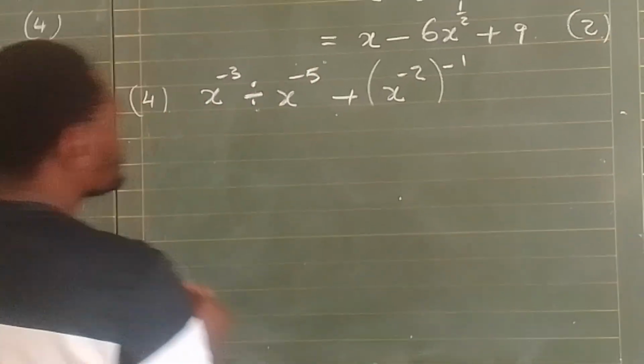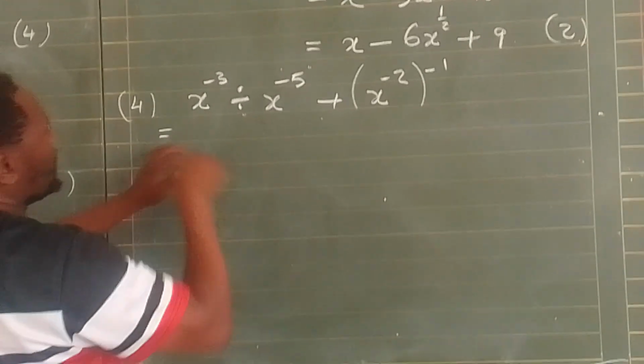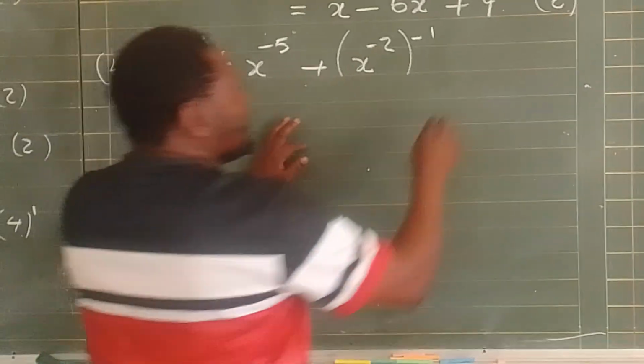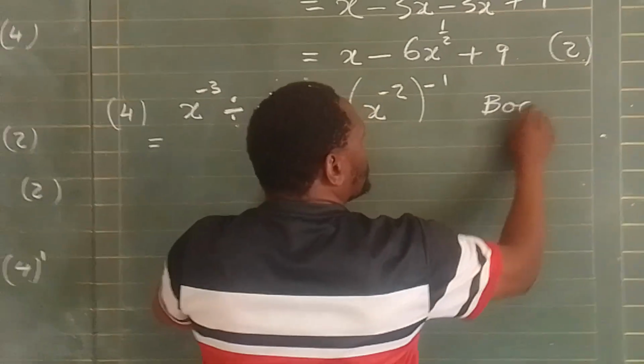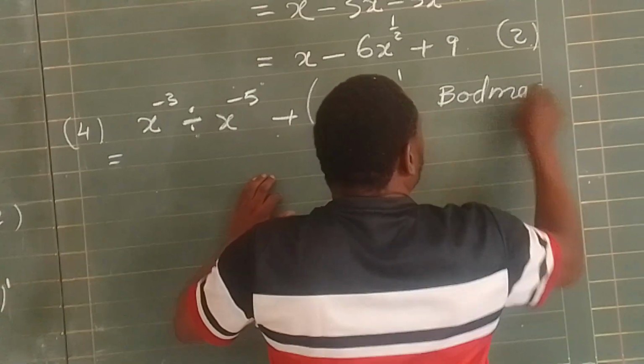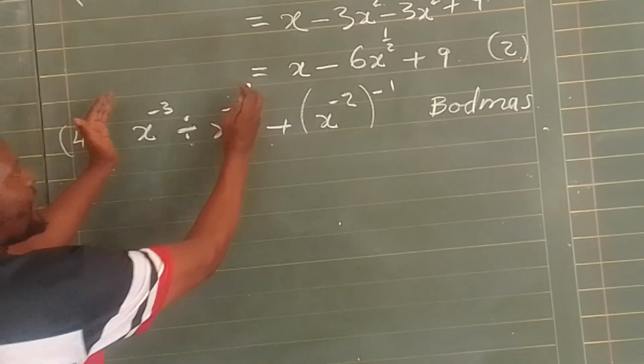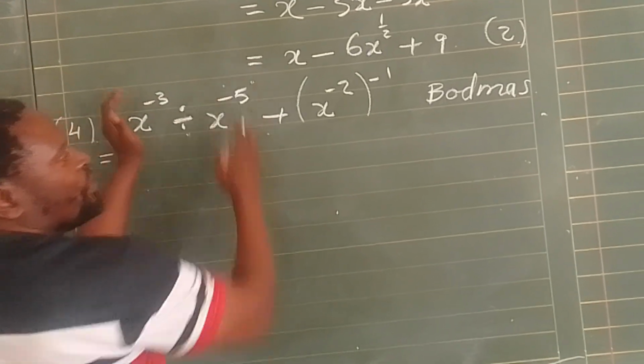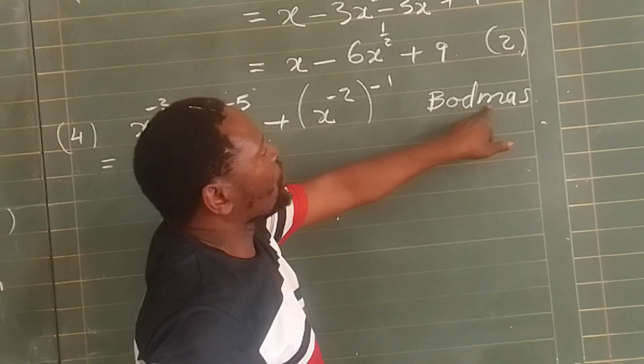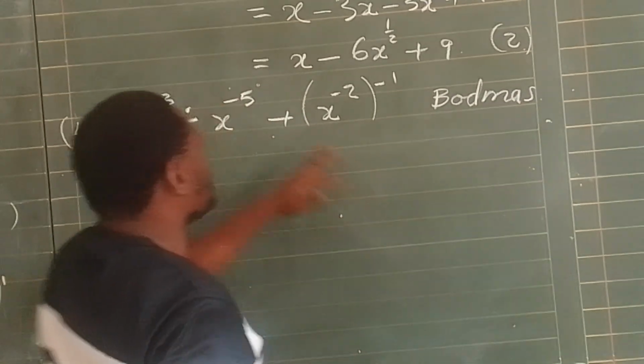Right. The next step is, you remember the BODMAS: brackets, of, division. Divide before you can come to multiplication, addition, and subtraction.